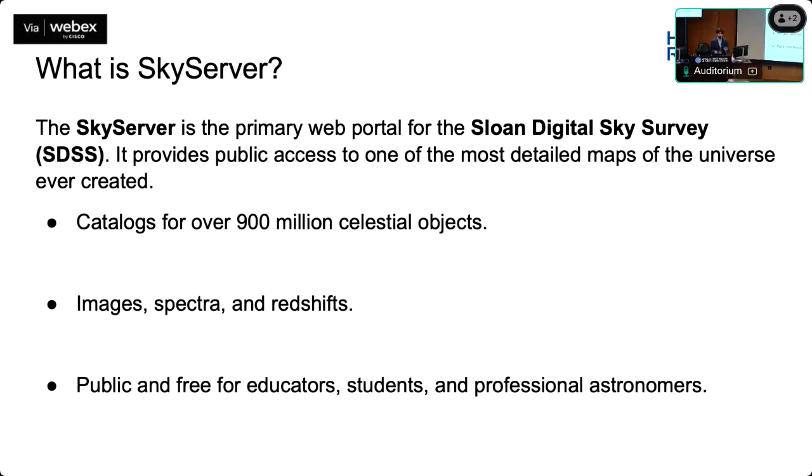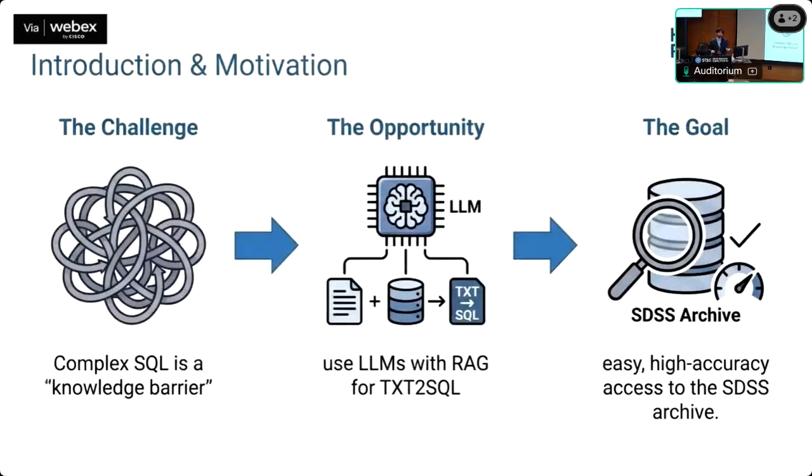It's public for everybody, for educators and for students also. But there's a catch, because you have to know how to write efficient and correct SQL queries. I don't know how many of you like writing those. I don't, so I jumped into this project.